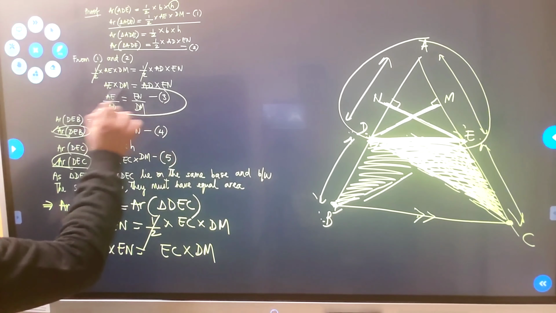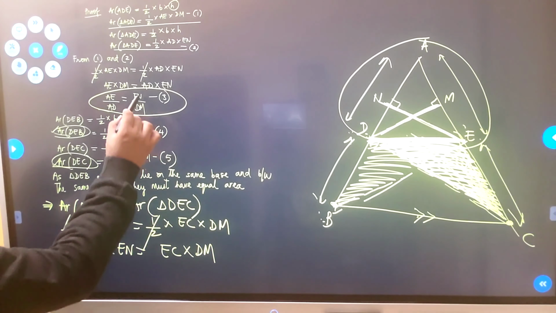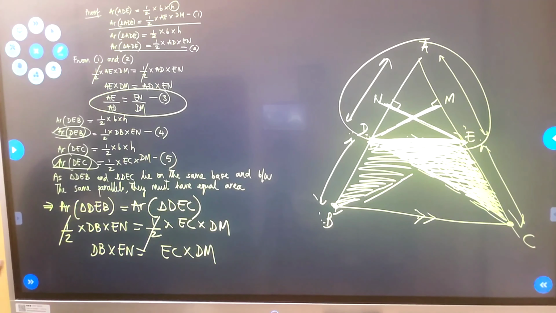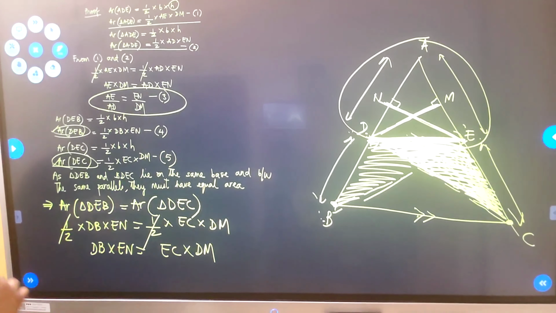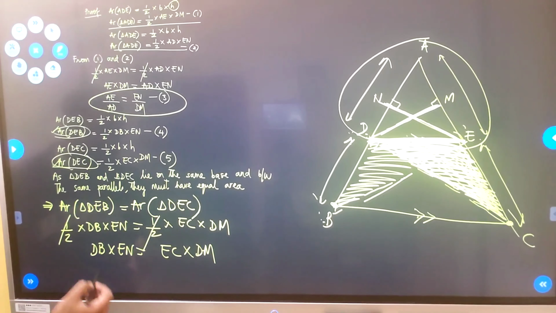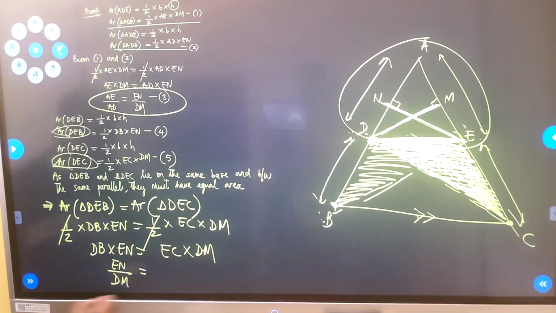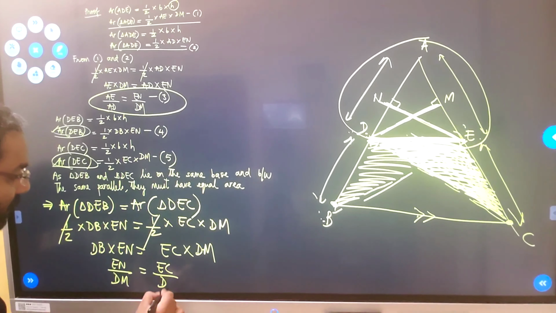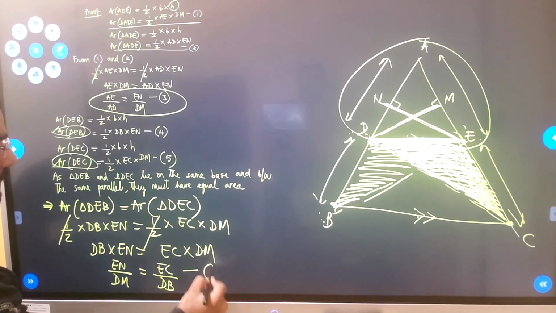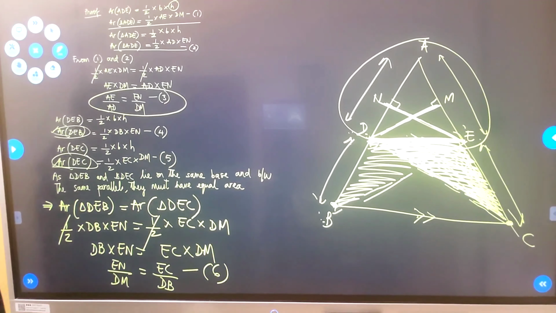Now if you look at the third equation, I have an expression for EN by DM. So I'm going to try and get EN by DM from the second expression as well. So if I bring DM down, I get EN by DM is equal to EC by DB. And I'm going to call this as my last equation, which is equation 6.